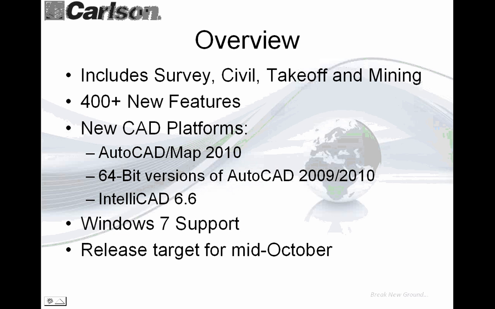Also, for Windows 7, we have a pre-release copy, and we've got Carlson 2010 up and running on that. Currently, Carlson 2010 is in beta, and we're wrapping that up and wrapping up documentation, and we expect the release to be in mid-October.